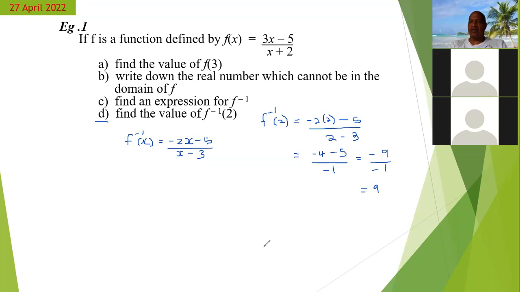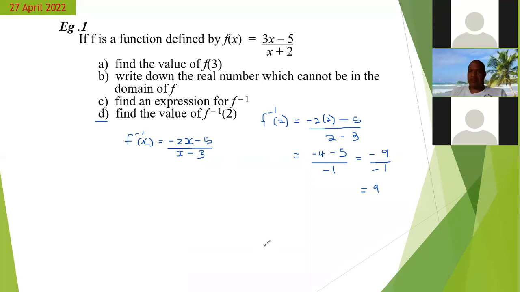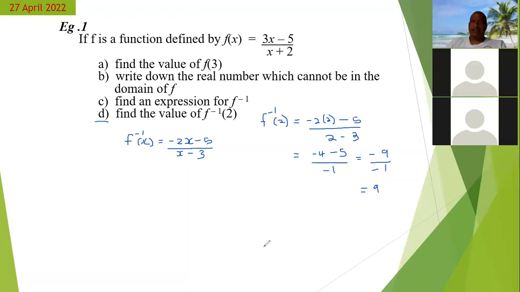Let me see the answer, those who got that as your answer for f inverse of 2. Okay, good. Anybody else? All right, so is everybody clear with this now, guys?